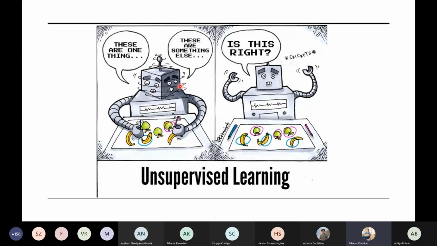You're just leaving them with the table and telling them to separate these two things out. They would try to separate them by seeing different features all by themselves. The difference is that you won't be telling them that this thing is called apple and this thing is called banana.